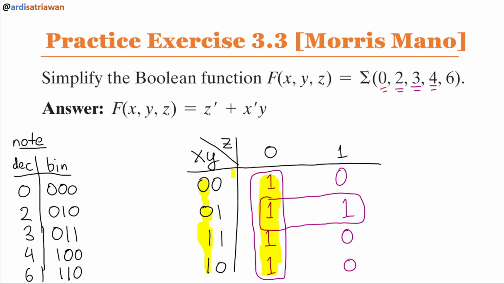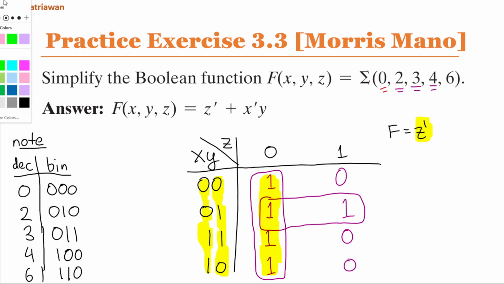For y, it's also all different values, so it does not depend on y. So this yellow part only depends on z. So we will have F = z. However, the value of z here is 0, so we need z naught, not z. That z naught comes from the yellow part.